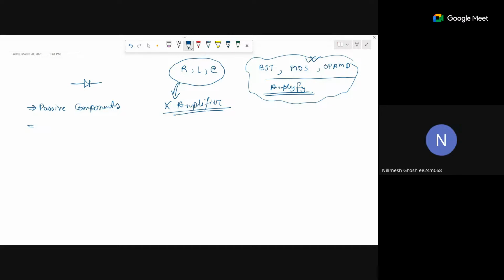For making an active, amplifying circuit, we need some dependent sources. So how many dependent sources do we know till now? How many dependent sources are there? First of all, answer me.